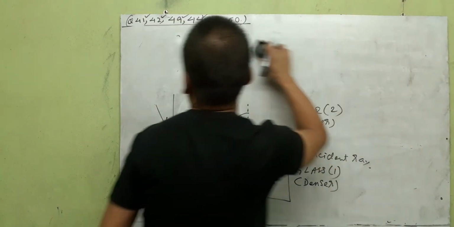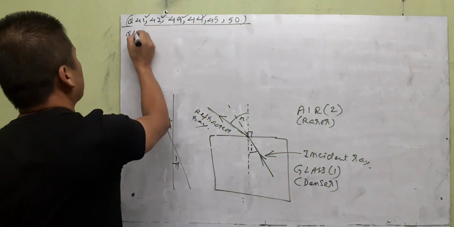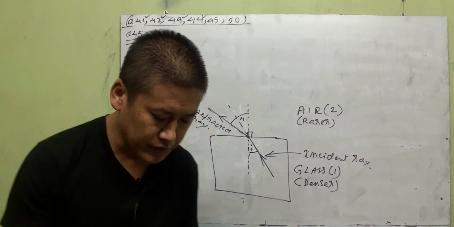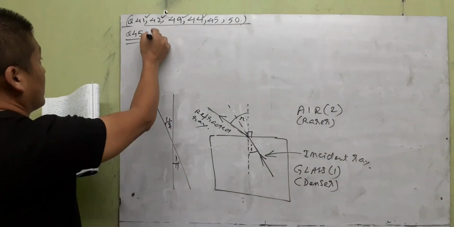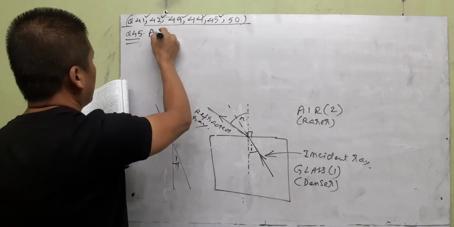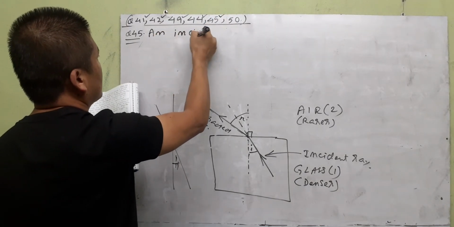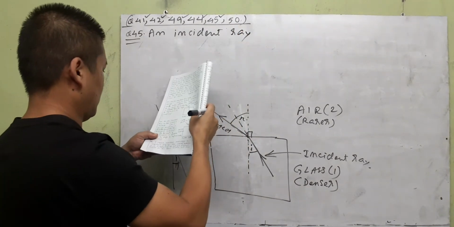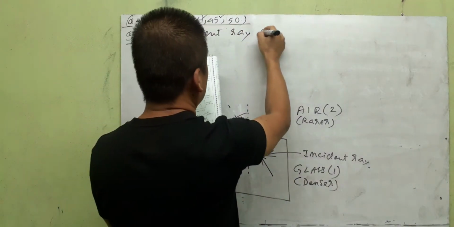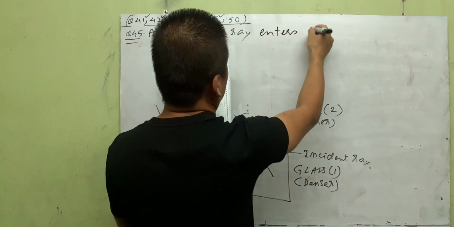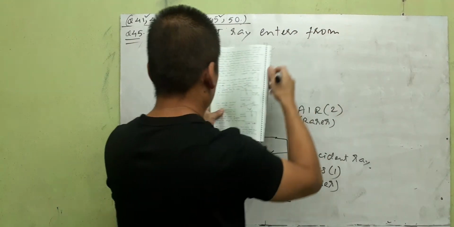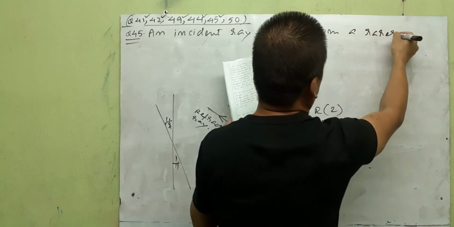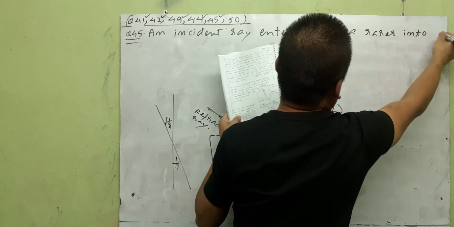So 45 here, question number 45. Let us see what it is. An incident ray enters from a rarer into a denser medium, this is the opposite of what we've done just now.